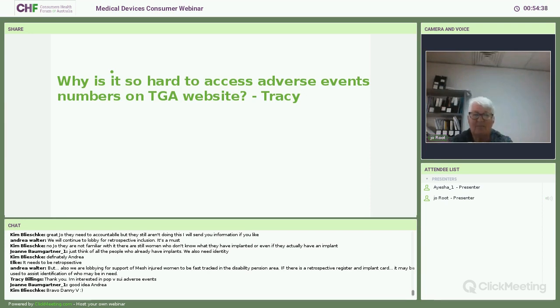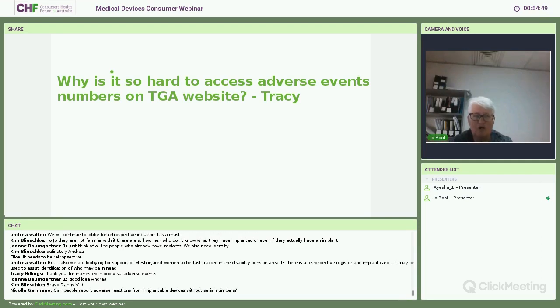The work that the Health Issues Centre did, and Danny Badash there, was really important work in identifying the problems.